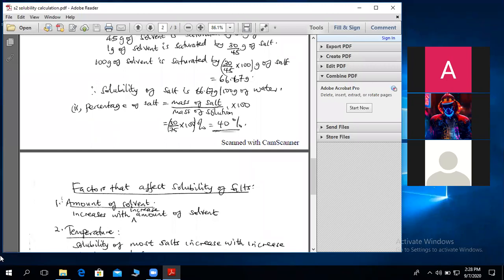So that is the effect of temperature on solubility. The higher the temperature, the higher the solubility of the salt, and the lower the temperature, the lower the solubility of salt. That's what I had prepared for you today, together with corrections.